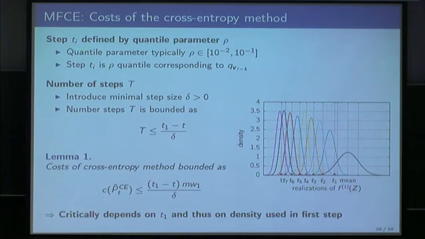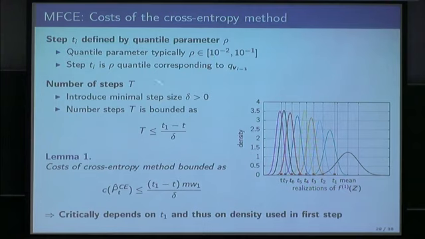This Ti is the threshold that we define in each step, and this Ti we define using a quantile parameter rho, and I give you a typical interval that we choose, but of course this is a parameter of the method. I'm giving you this typical interval to point out that it's not a very critical parameter. Now this Ti is the rho quantile of the corresponding biasing distribution of the previous step.